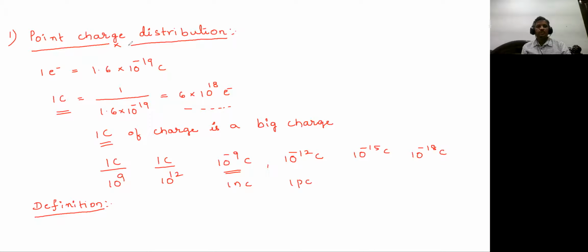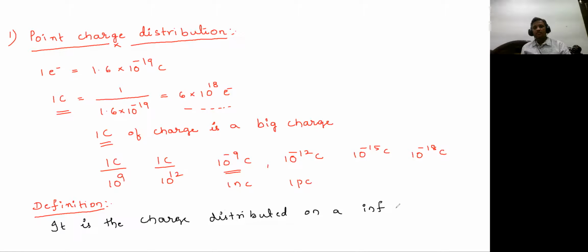It is the charge which is distributed on an infinitely small volumetric spherical structure, because that spherical structure should have some volume inside it.